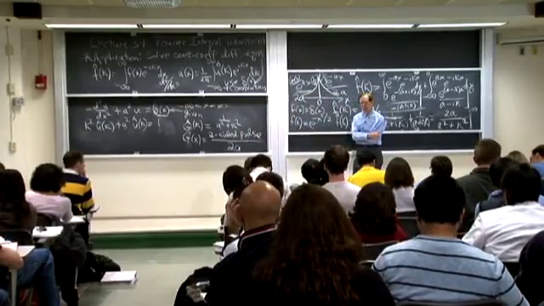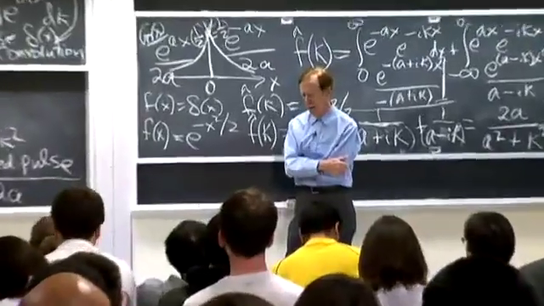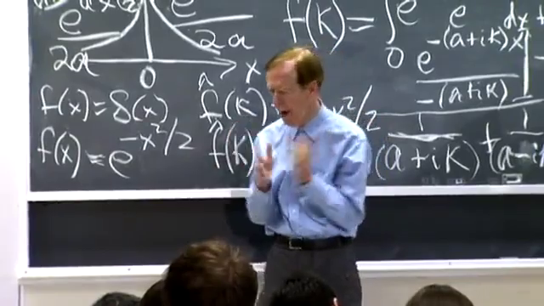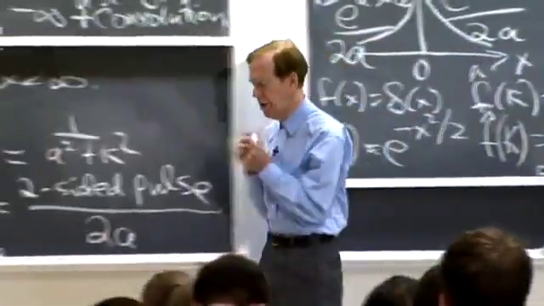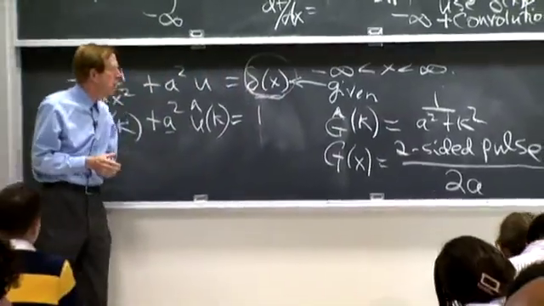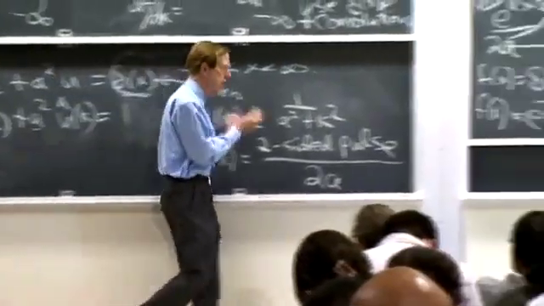Now comes the question, what about the original f of x? How can the Green's function be used? So you're seeing now what use this Green's function is when the right-hand side is something different, some different f of x.